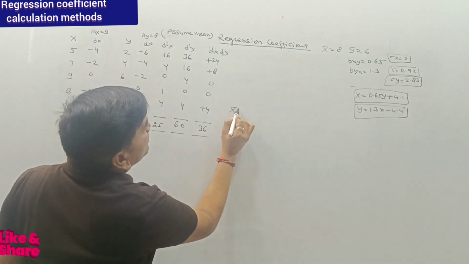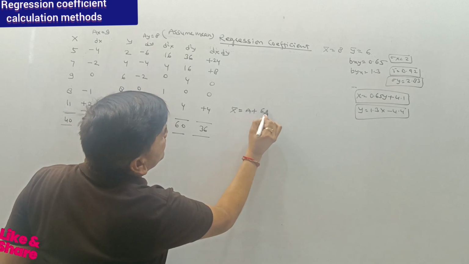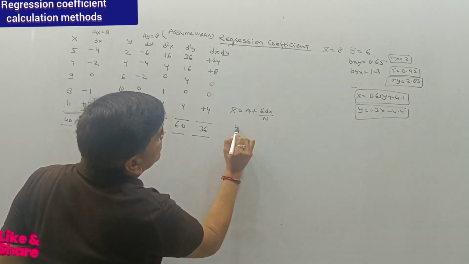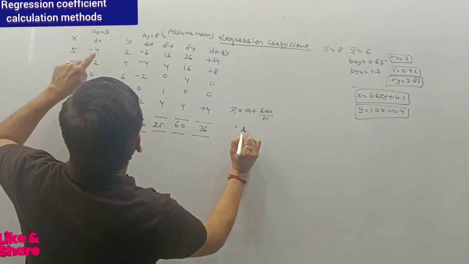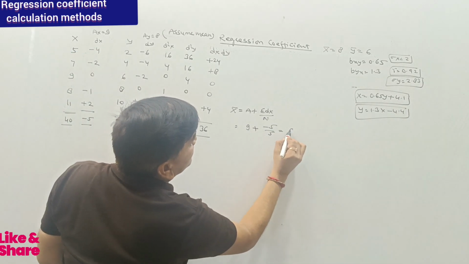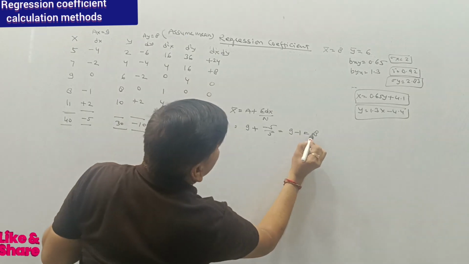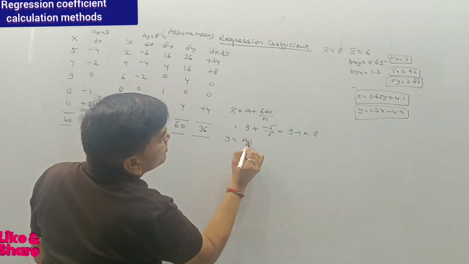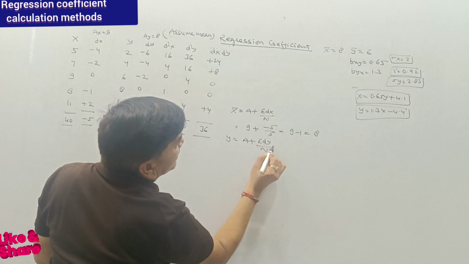Okay, x bar is equal to assumed mean plus sigma dx upon n. So the assumed mean is 9 plus minus 5 upon 5, that is 9 minus 1, that is 8. Y bar is equal to assumed mean plus sigma dy upon n.